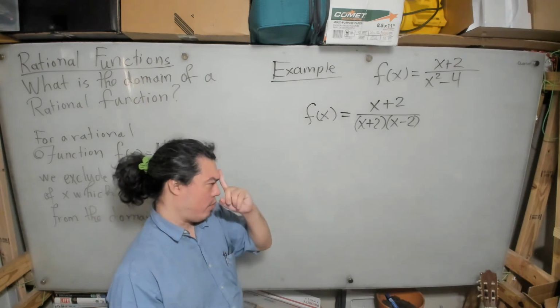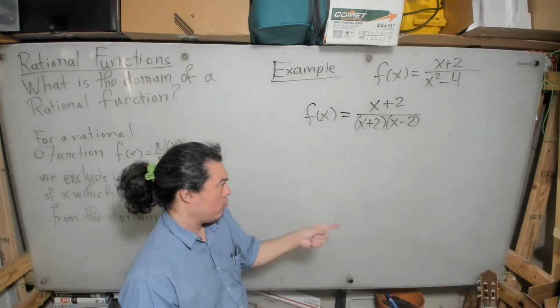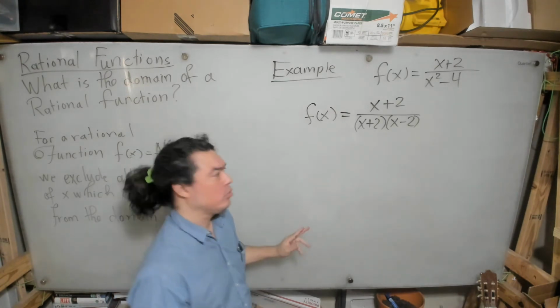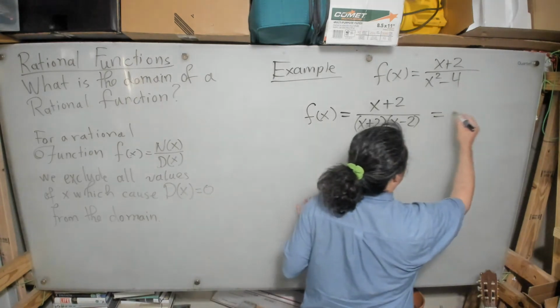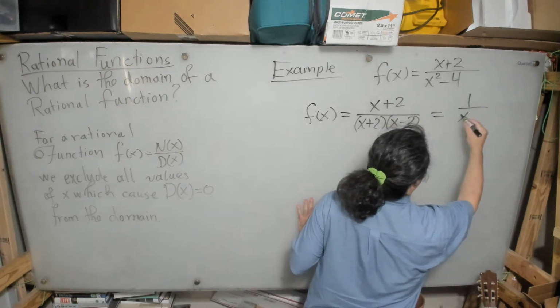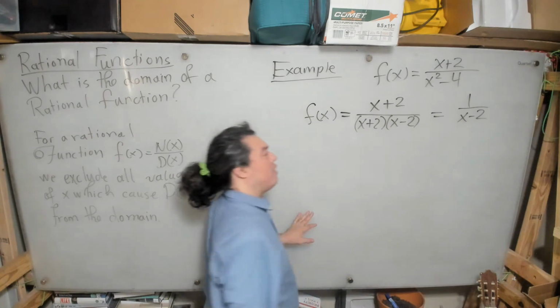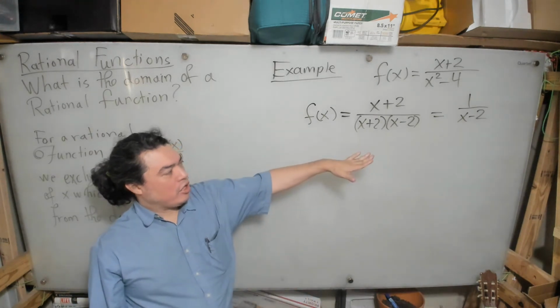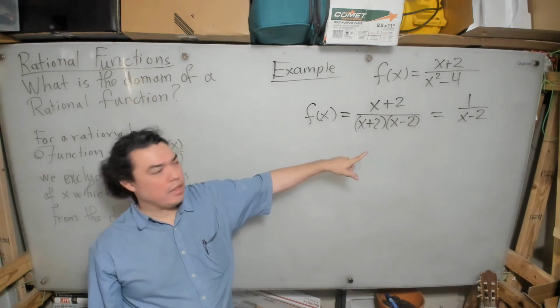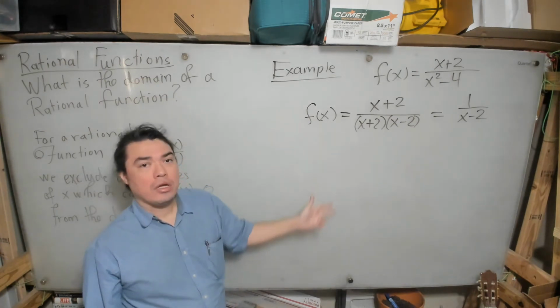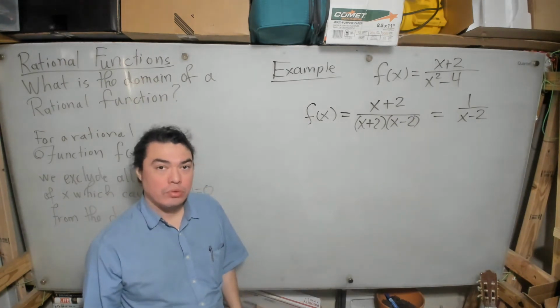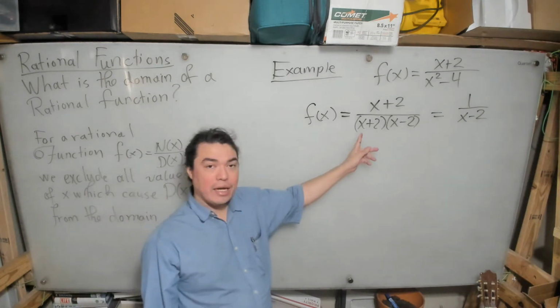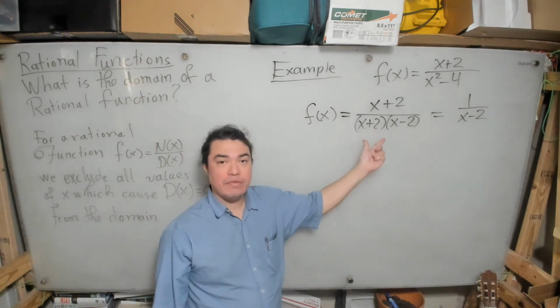Think about that for a moment. That's true, right? And so a lot of you might say to me, well, David, if I look at it from this perspective, am I only going to eliminate 2? Or am I also going to eliminate the negative 2, which would have made this factor 0?